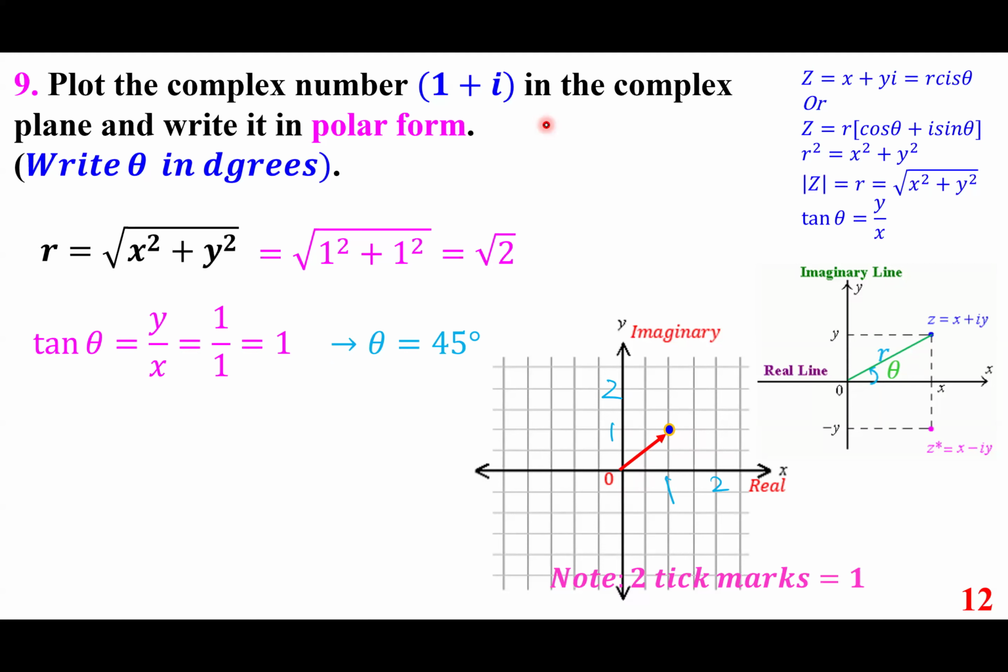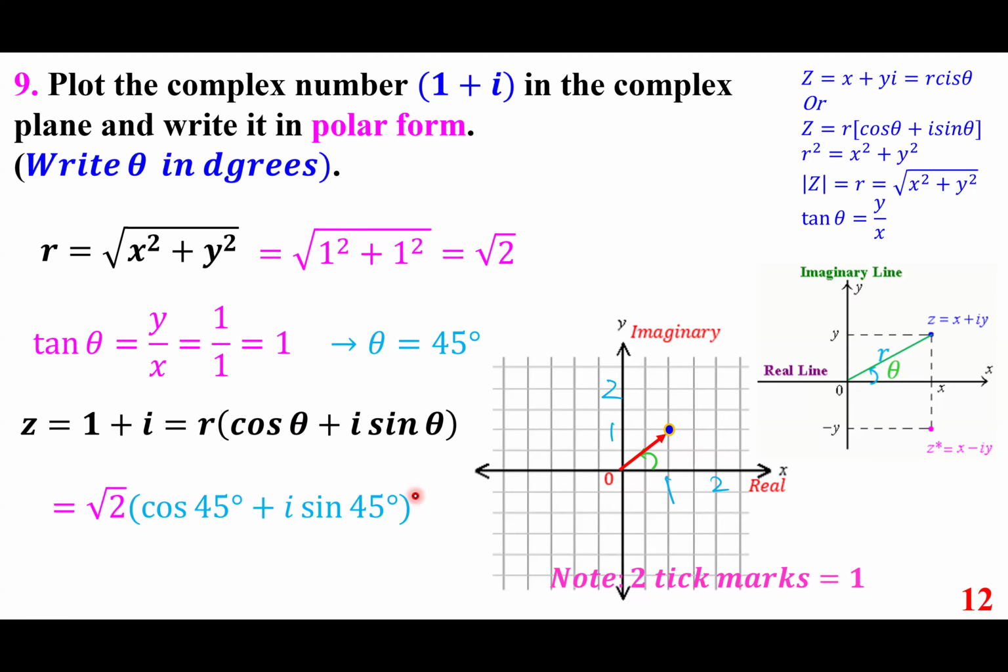And so this is the angle that we're talking about, 45 degrees. z, which is 1 plus i, or r cis theta, would be r cosine of 45 degrees plus i sine of 45 degrees. Or a shorthand notation, we could write it in this fashion. That means the same thing, everybody.